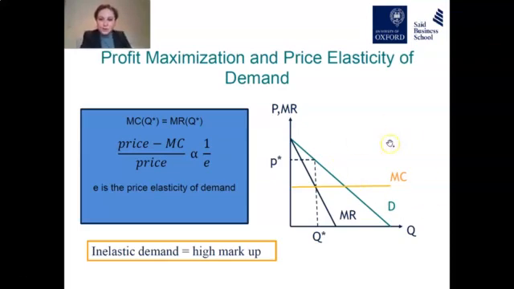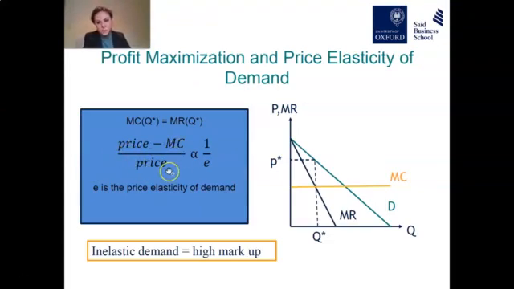If you continue with this analysis, you solve for the profit maximization, and then you will find that there is a relationship between markups and the price elasticity of demand. Let me first define the markups. Markups are defined as the difference between the price that the firm is charging minus MC, the marginal cost.